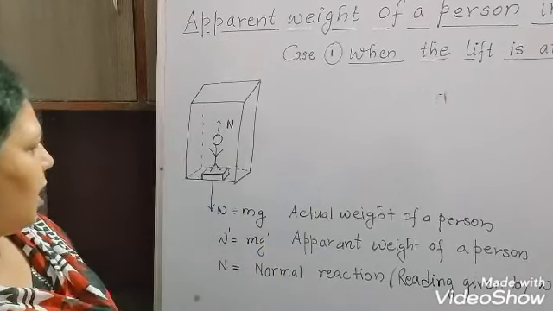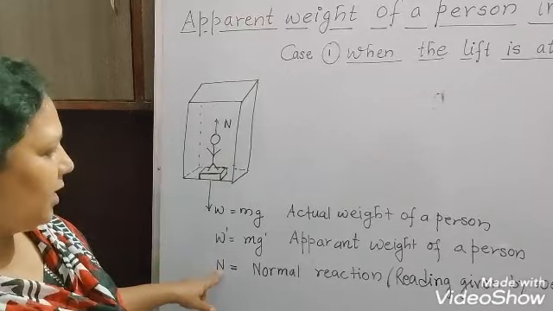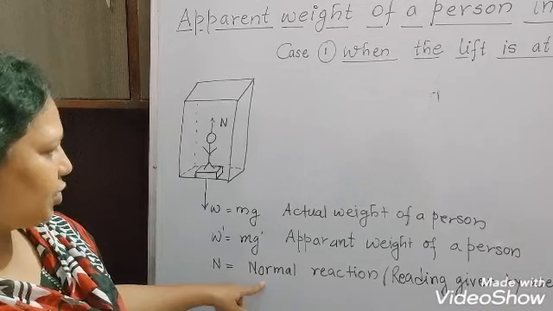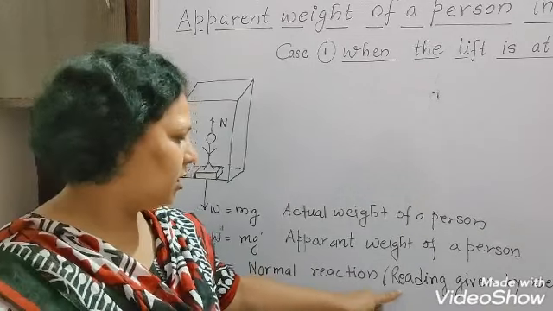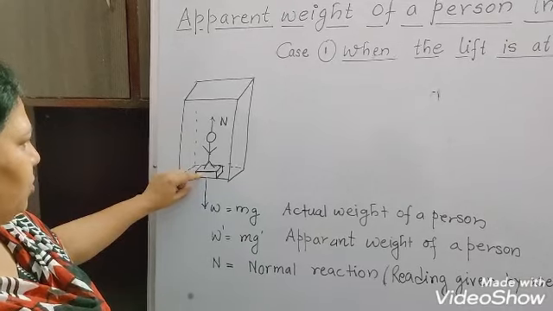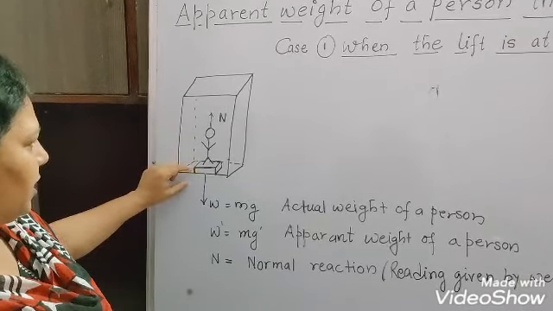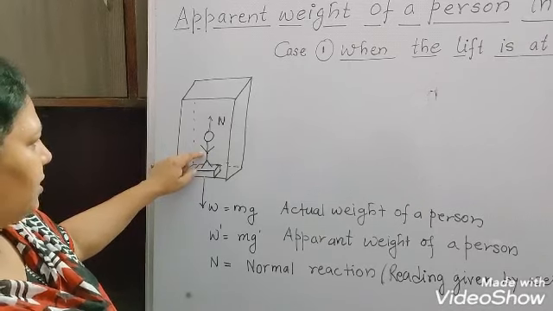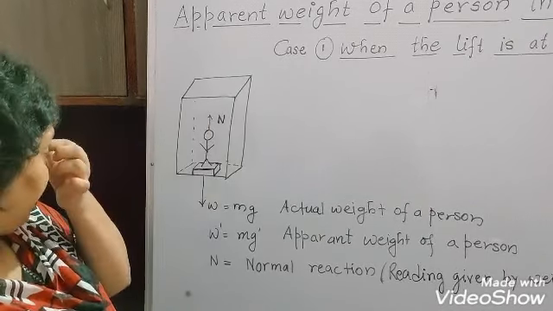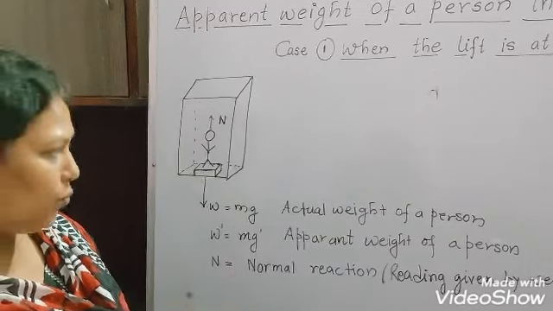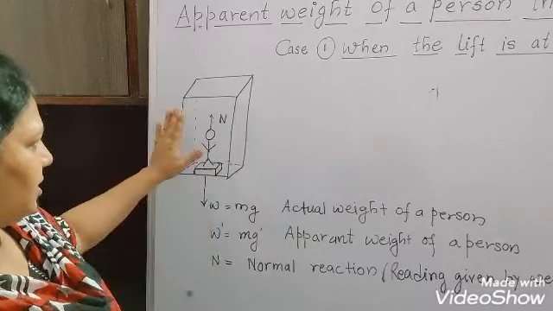Now you will see N is the normal reaction, and this normal reaction is actually the reading offered by the weighing machine due to the contact of the weighing machine and the person.